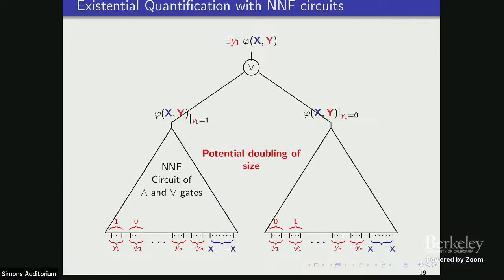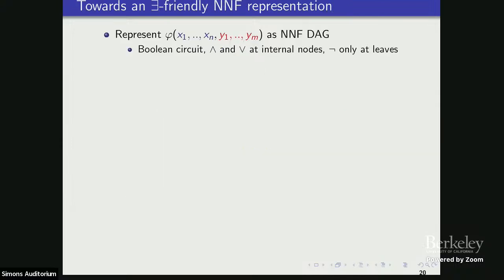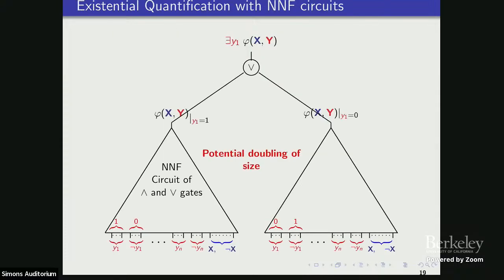The problem with this is that there's a potential doubling of size that's happening for each variable that I'm quantifying. So we would like to see if we can start off with such NNF representations and convert them to some other form, which can probably allow us to avoid this doubling of size.